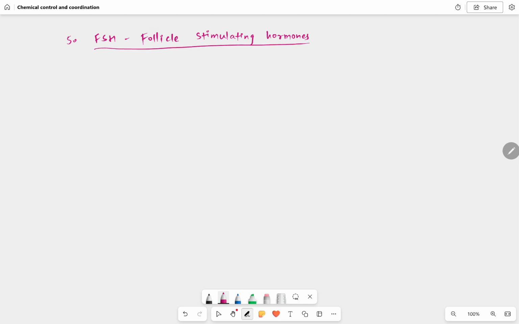So FSH, follicle stimulating hormone, is secreted in both male and female, and it has a different role in both. Okay, so let's start with the female.